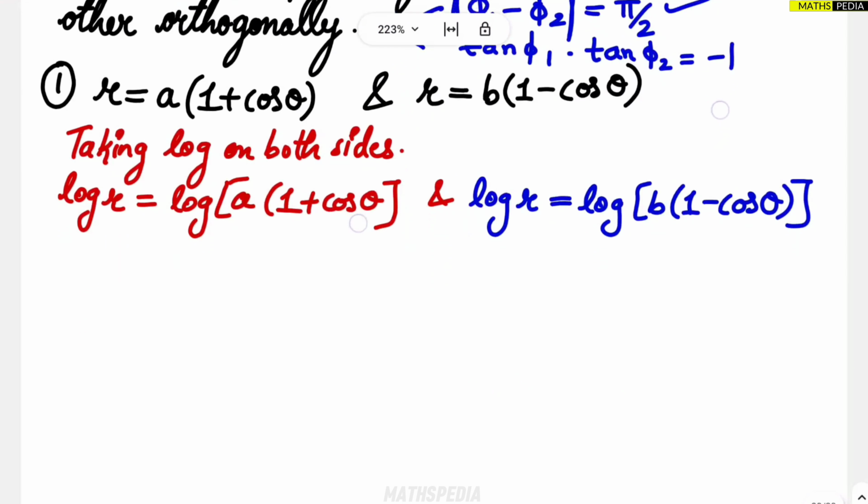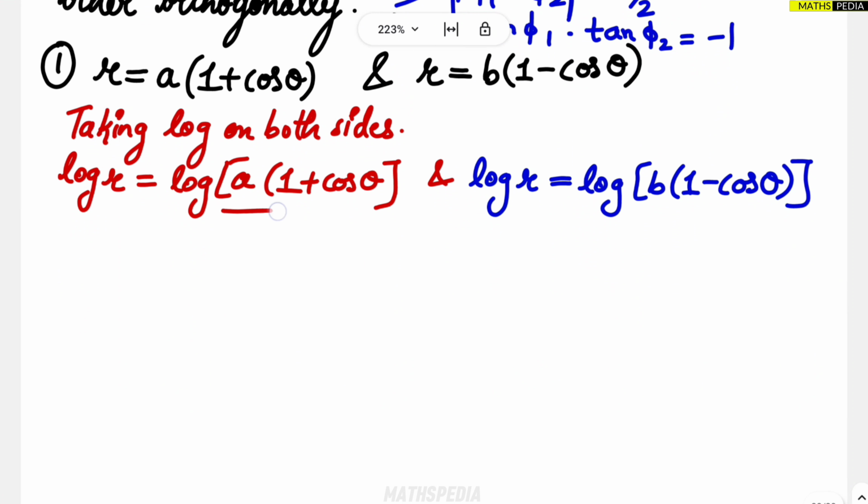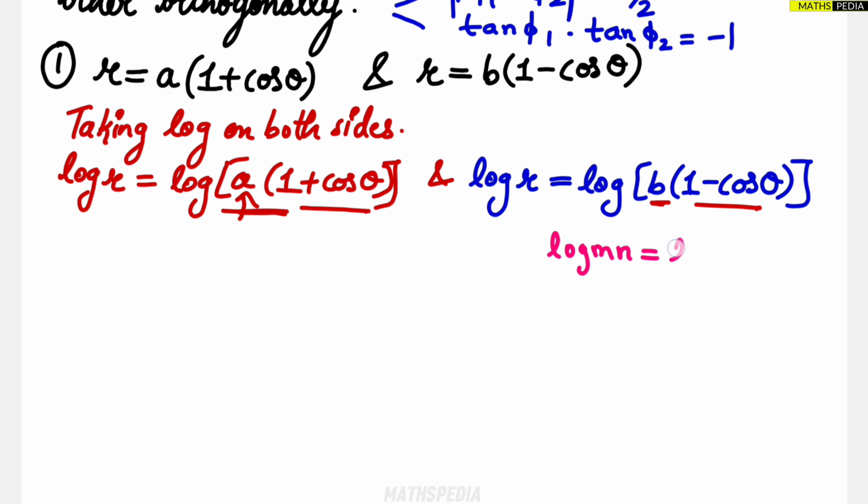If you observe carefully, there are two functions involved: first function a, second function 1 plus cos theta. Here also the first function is b, then 1 minus cos theta. Which formula can be applied here? Whenever two functions are multiplied, log of m into n can be written as log m plus log n. This formula can be utilized here.